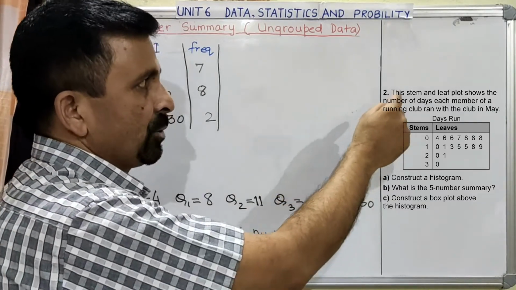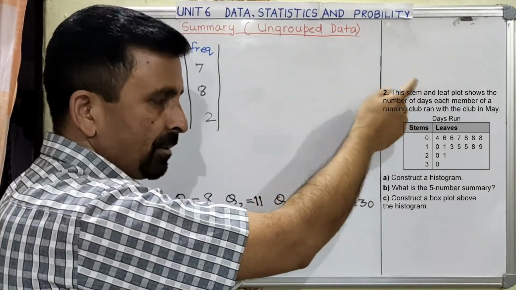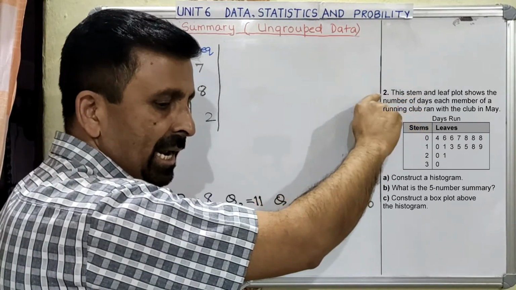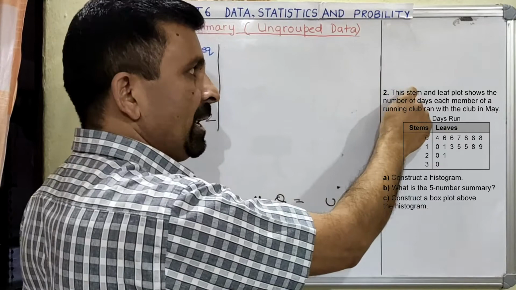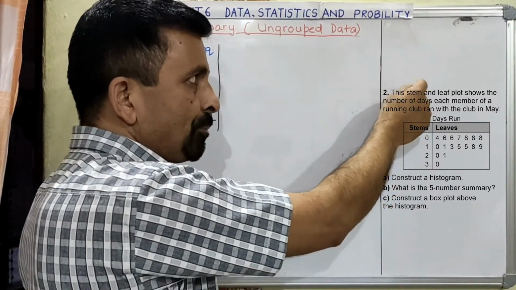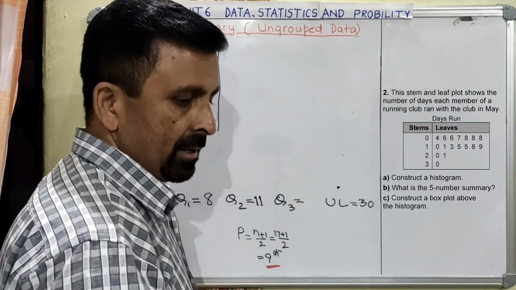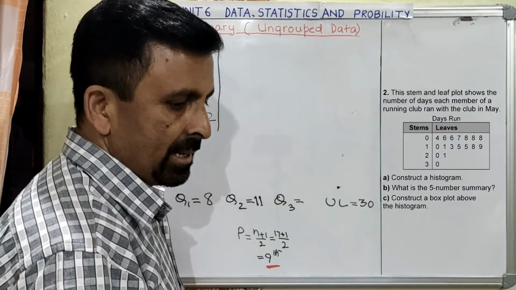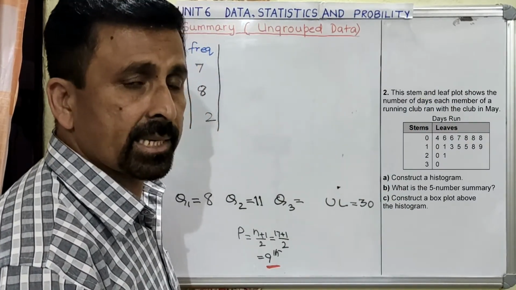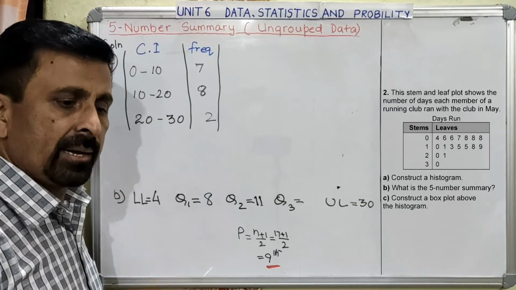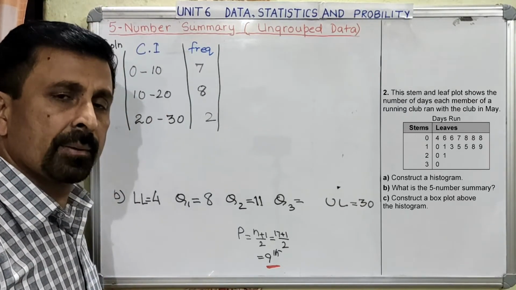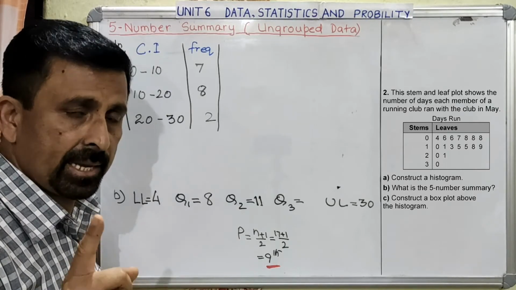Starting from the leaf 1 in the second stem, count the 5th data. When you count, it is coming 8. The 5th data in the second stem is 8.